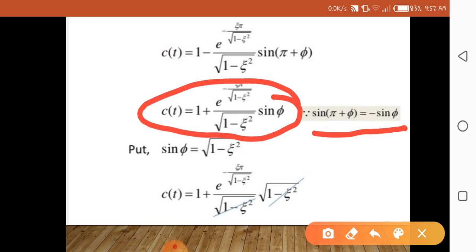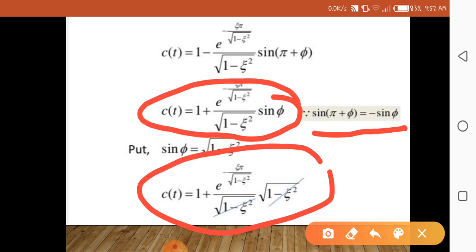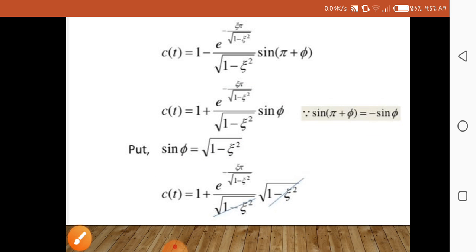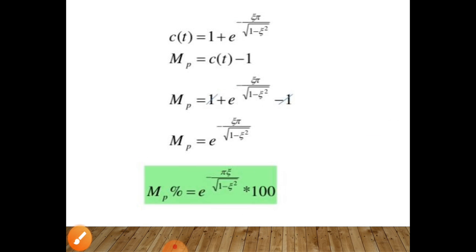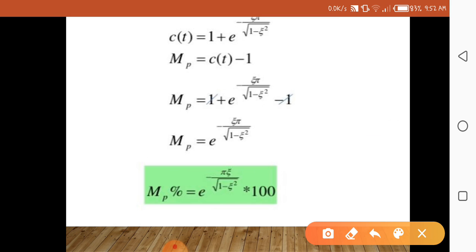So C of t is rewritten as this, and root 1 minus zeta square cancels with root 1 minus zeta square. Now C of t is equivalent to 1 plus e raised to the power minus zeta pi by root 1 minus zeta square. So the maximum overshoot is equivalent to C of t minus 1.